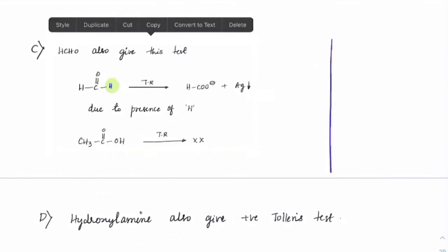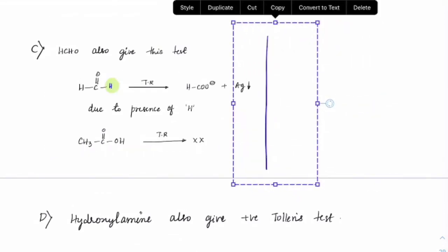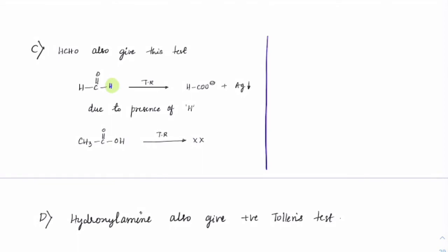And now in case if you have even formic acid, for instance, HC double bond OH, and we react that with Tollens reagent, this is already an acid, right? We don't usually see acids reacting with Tollens reagent, but this time, because of this hydrogen which can still be further oxidized, this reaction will happen and form carbon dioxide and silver will get precipitated.